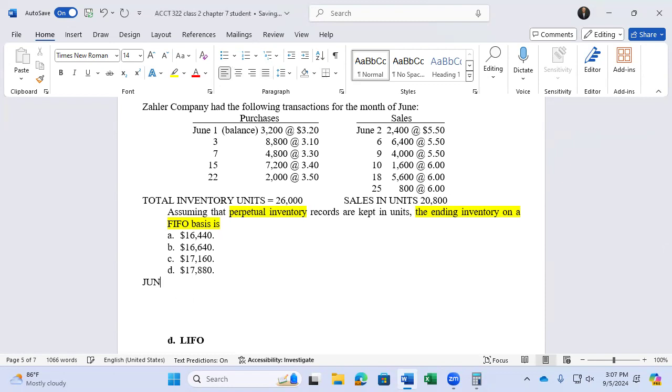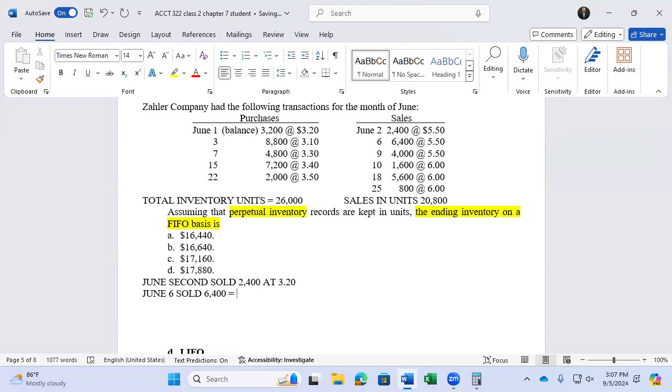Our June 2nd sale sold 2,400. And this cost would be 3.20. June 6th sold 6,400.